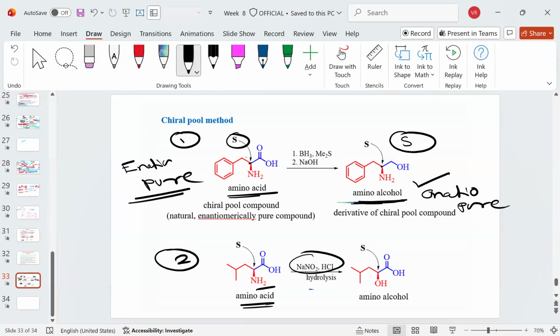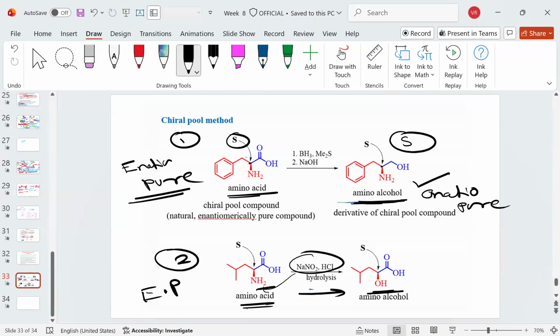So NaNO2 plus HCl, what it does with the NH2 functional group and how we get this one. But yes, this is the product we are getting under this reaction condition. So we have selected the starting material in such a way that our required stereochemistry will be there in our final product. So this was also enantiopure.